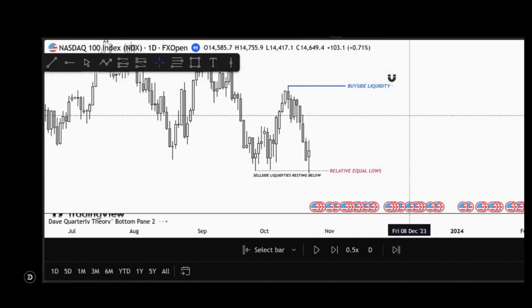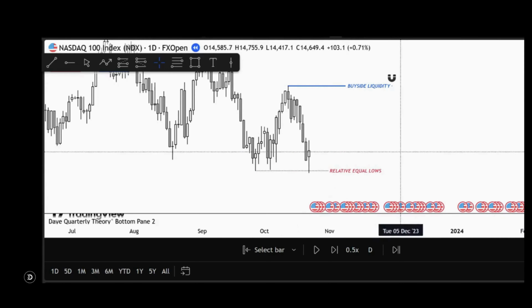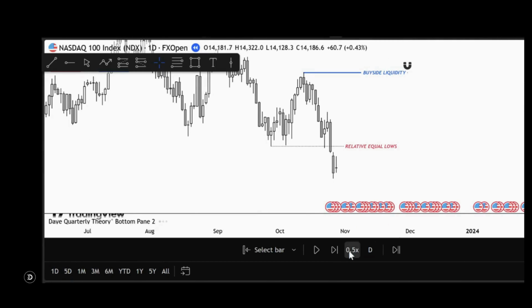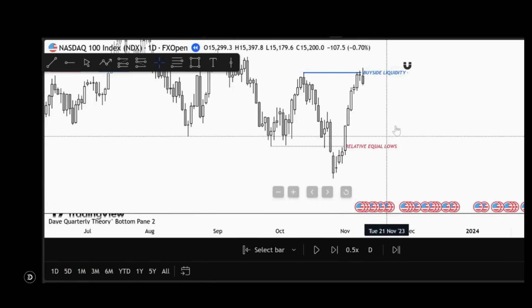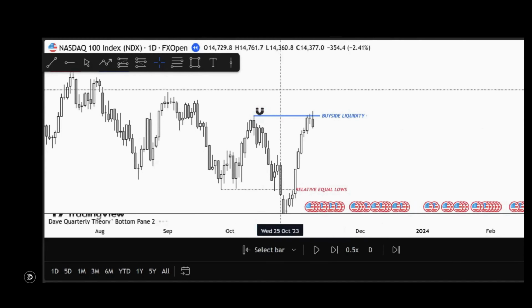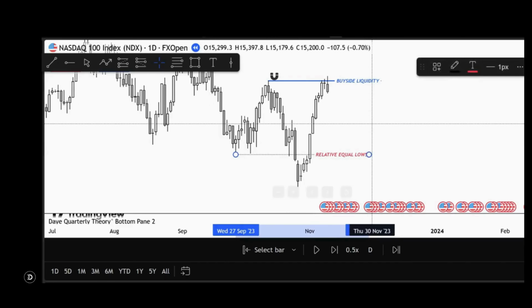So you could see price smacked below that low, those relatively equal lows, and then I marked the opposing high, right? And price eventually gravitates towards that. What's resting above this high? Correct. Buy side liquidity, right? Price gravitates higher, smacks through that high, grabbing all the liquidity resting above that high.